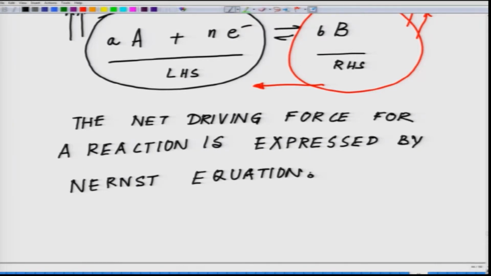Okay. And whose two terms include. So, if I put the Nernst equation in place, it has basically two terms.